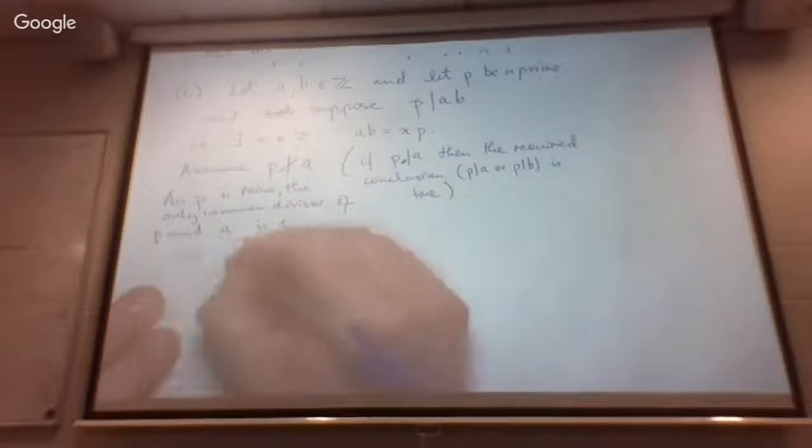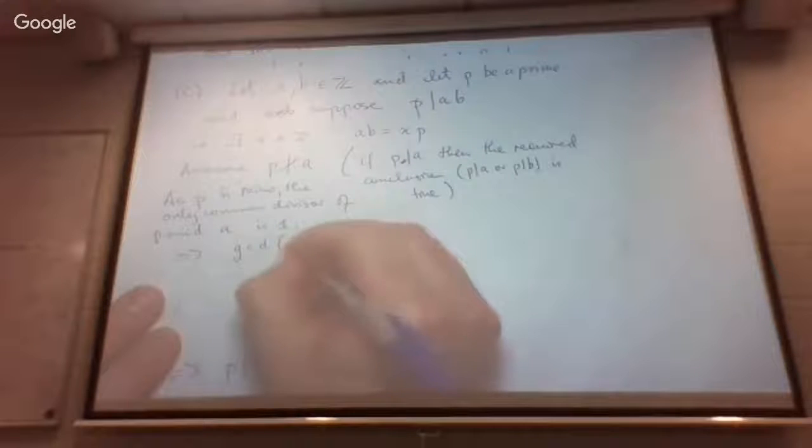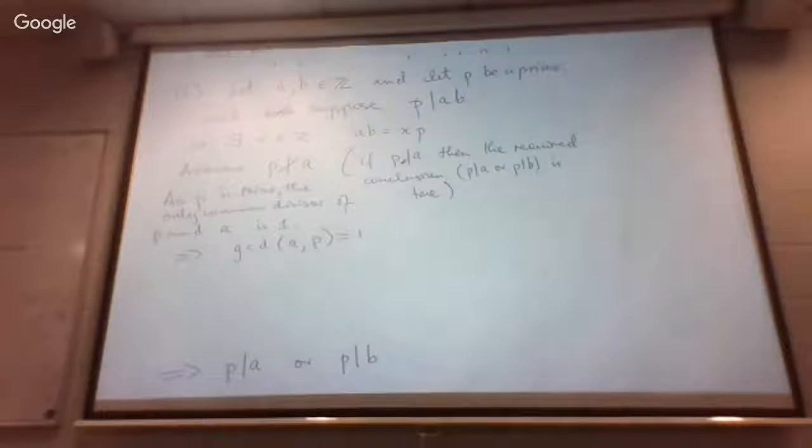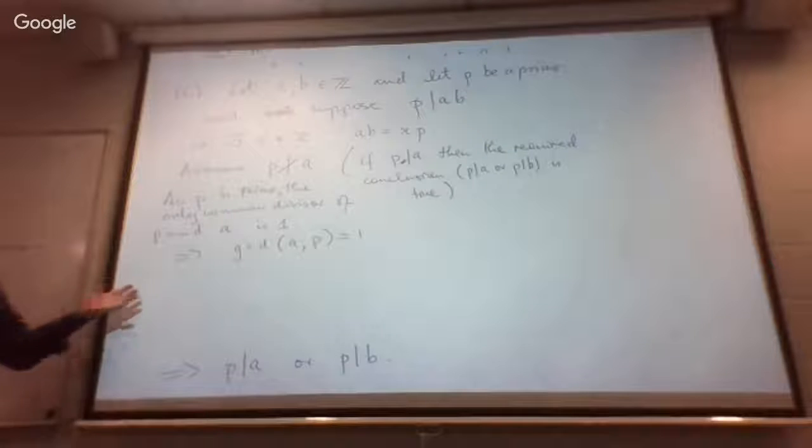So that implies GCD of A and P is 1. So that's good. We've got our greatest common divisor concept in, as the question directed us.